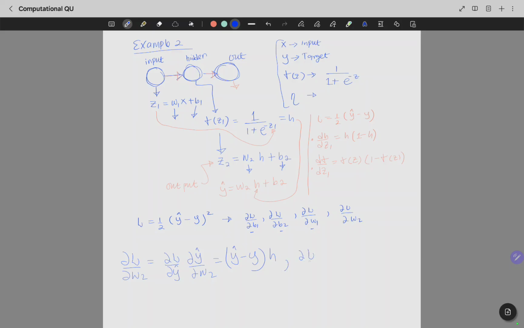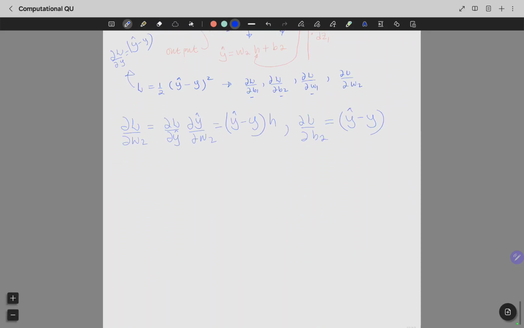Also dL by db2, we already know that dL by dy is just y hat minus y, because the 2 goes. And dL by db2, if you do the chain rule, you just get y hat minus y again, because there's no other term.